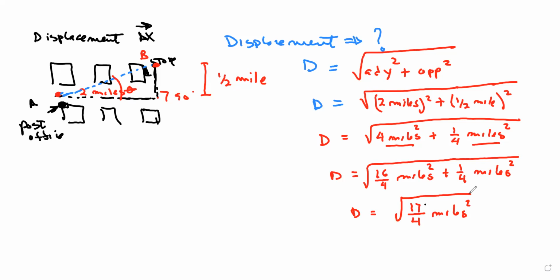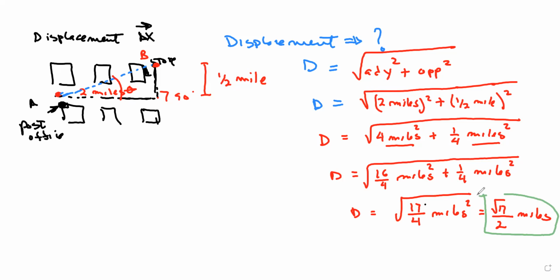So this is going to be the square root of 17 divided by 2 miles. And that would be your displacement right here.